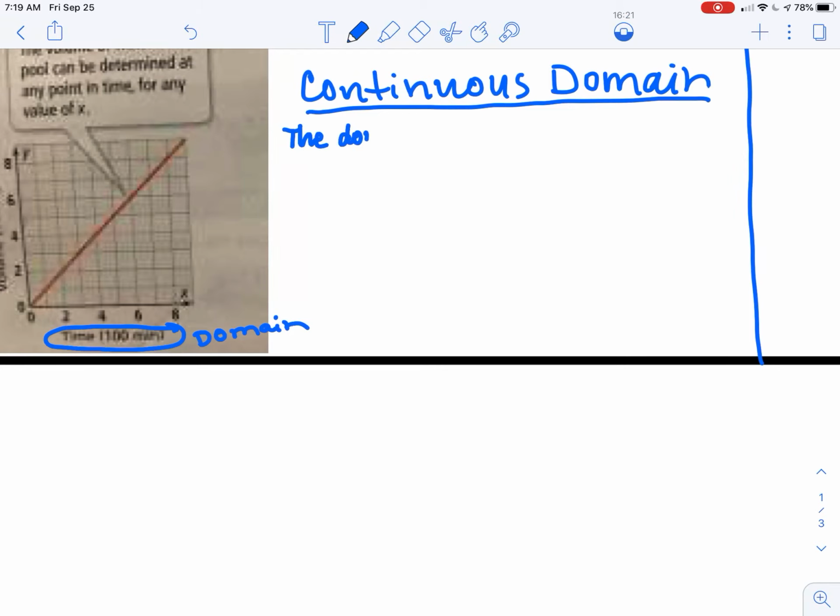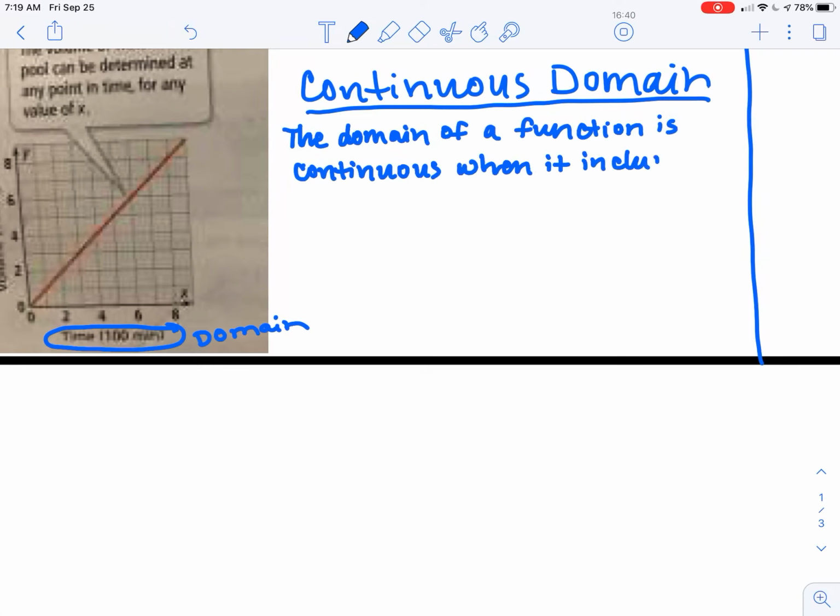Let's write that in here. I'm trying to figure how much we want to write, but we'll go ahead and write this out. The domain of a function is continuous when it includes all, and that's kind of the key word here, real numbers.